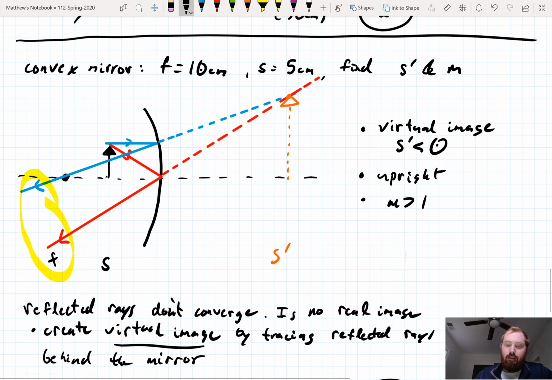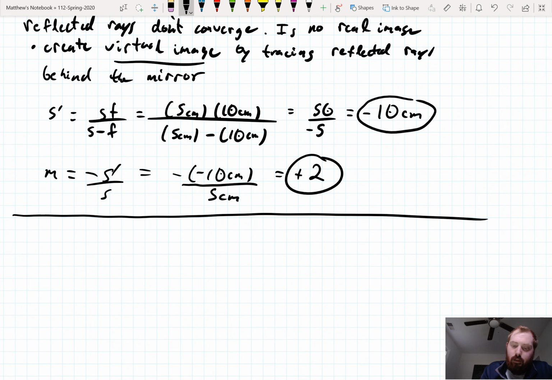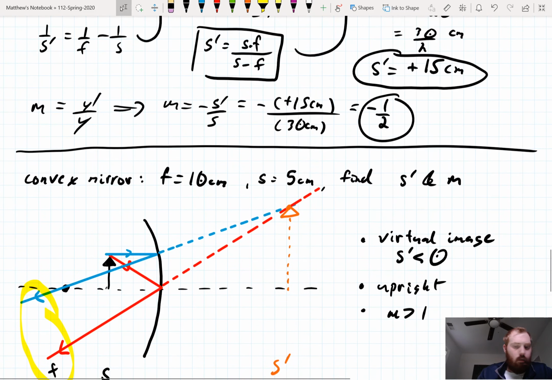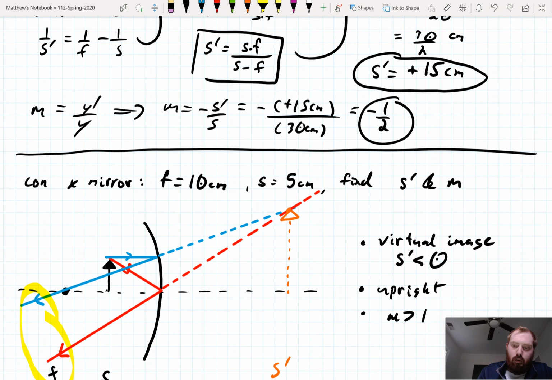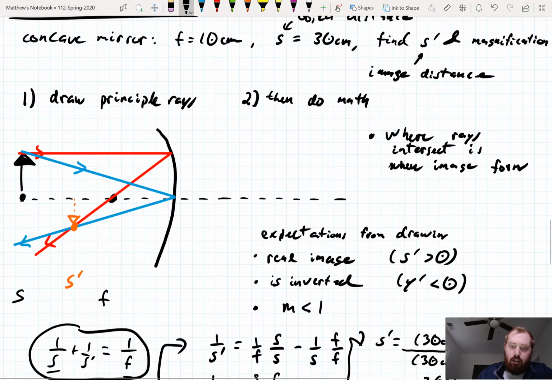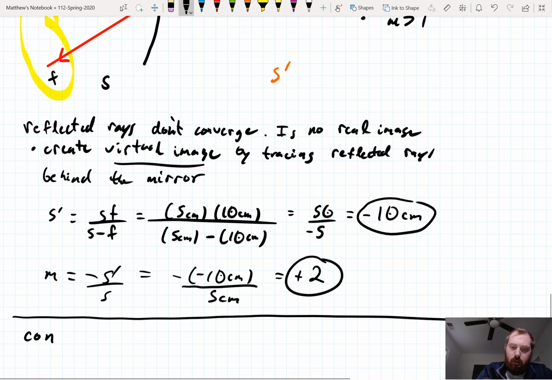All right. Let's do one more example of this. Oops, I wrote convex when I meant concave. Sorry about that. Did I do the same thing up here? Yeah. All right. So concave.